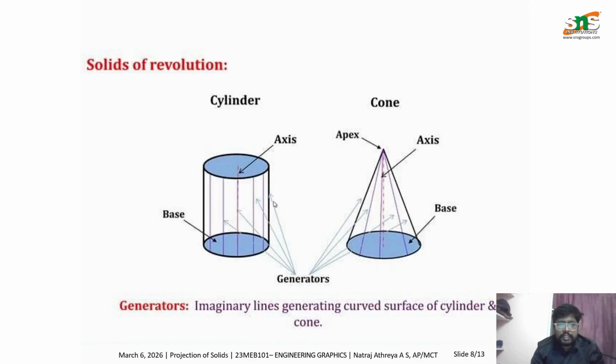Here they will be perpendicular to the base, and here they will slant towards the apex and connect to it. These imaginary lines are used to generate the curved surface of the cylinder and cone.